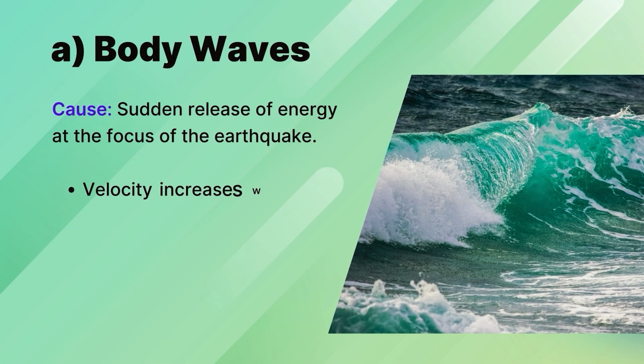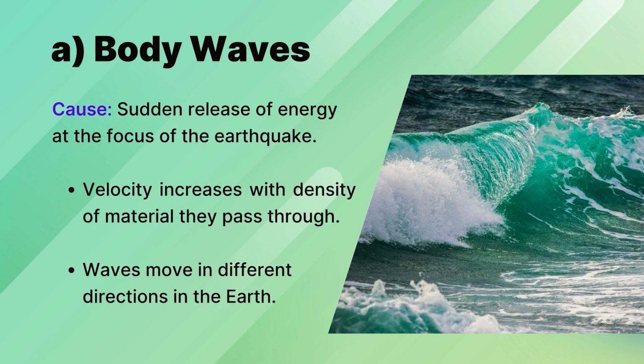So the body waves, what is the cause of body waves? The main cause of the body waves is sudden release of energy at the focus of the earthquake. As you understand, the earthquakes release a lot of energy, and energy is normally in the form of waves.